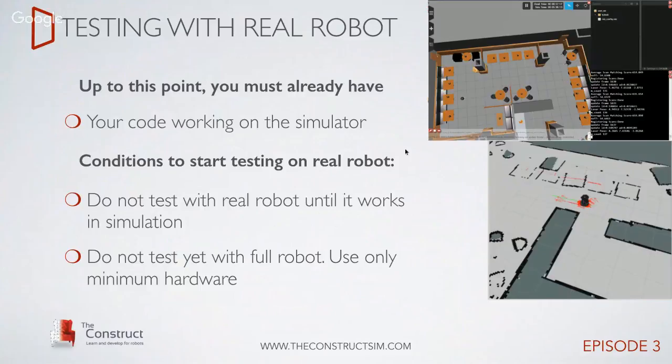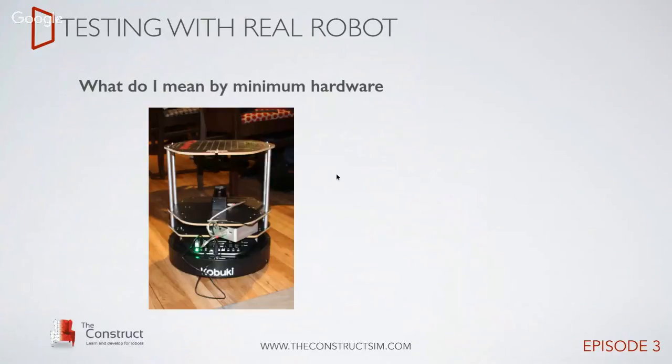What do I mean? For example, in our case of the Barista robot, the minimum amount is just having the base that moves, then the computer over there, then the sensor over there, and that's it. Actually, we don't even need the structure or all the other things, just the cables that connect one thing to another, and that's all. That allows us to test.